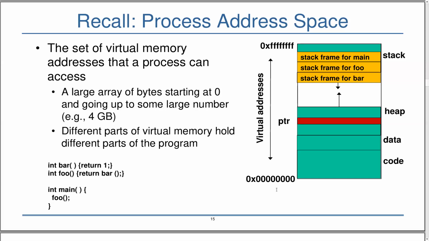So also recall one thing: when I say that virtual memory is a sort of array of bytes, it doesn't necessarily mean that we will have to allocate memory for all of it, right? So for example, for this white space that we have, we don't need to have any physical memory, so it can be just empty space.